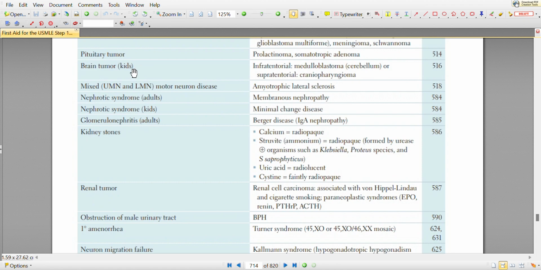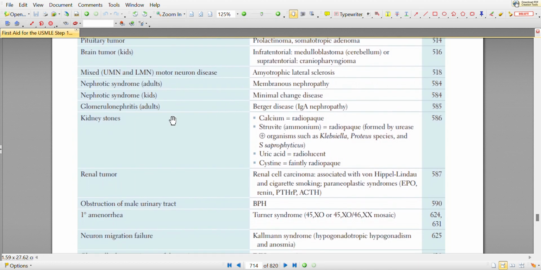Brain tumor in kids is commonly infratentorial, such as medulloblastoma in the cerebellum, or supratentorial, that is craniopharyngioma. Mixed upper motor neuron and lower motor neuron disease is commonly associated with amyotrophic lateral sclerosis.